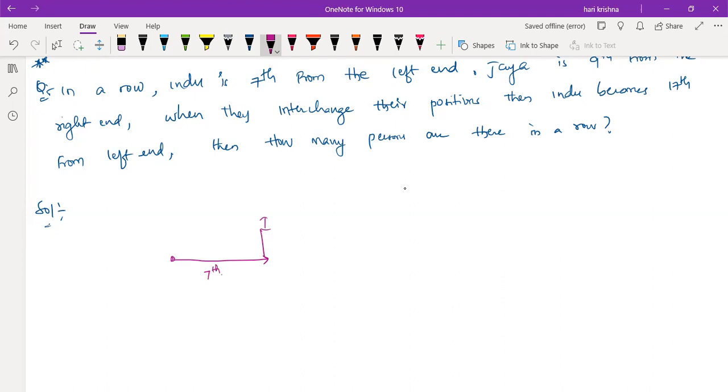And Jaya is 9th from the right hand. So two possibilities we get, right? One is this, the other one is this. Indu 7th and Jaya 9th.